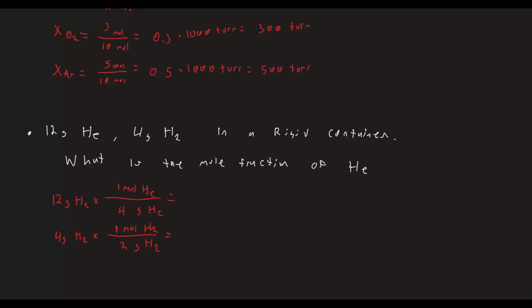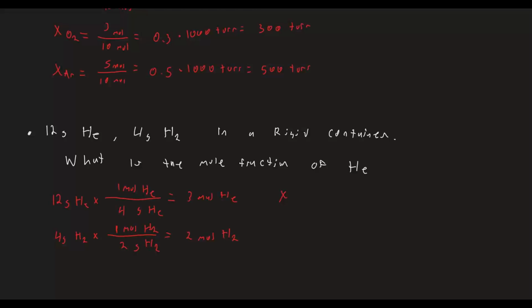So now we have the moles. This gives us 3 moles of helium. And this gives us 2 moles of H2. And now we just need to figure out the mole fraction.